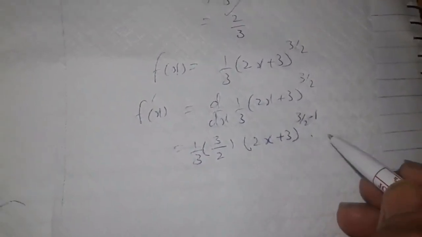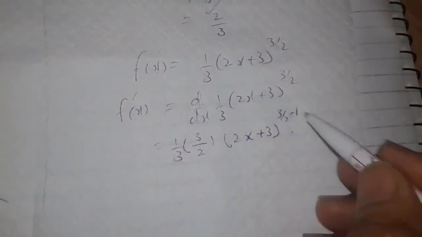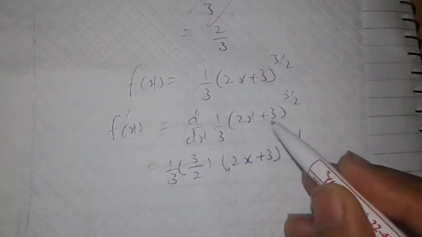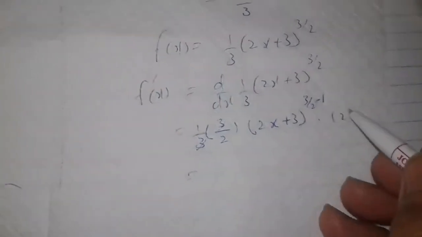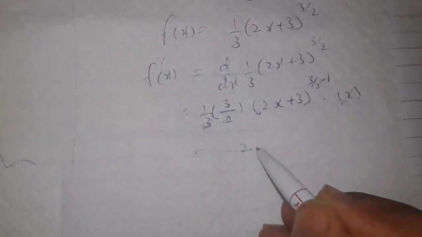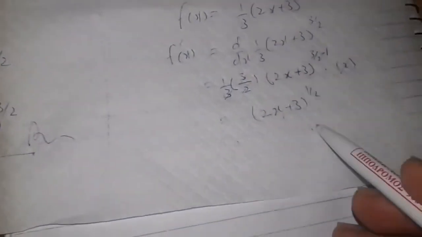The derivative of x becomes 1, 3 becomes 0, and only 2 is left. 3 cancels out by 3, 2 cancels out by 2, and the function remains (2x + 3)^(1/2). This is the same function as we have for the integration. So after taking its derivative, the answer is the same as our given function, so we can say that our integration is correct.